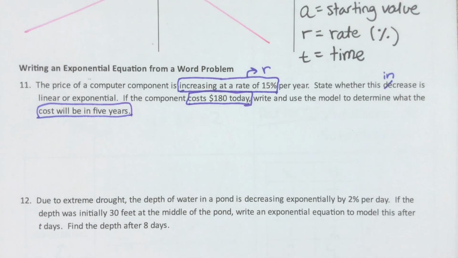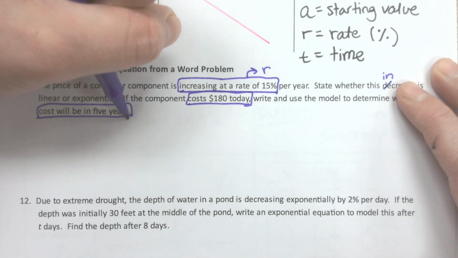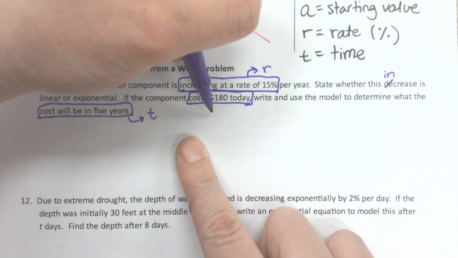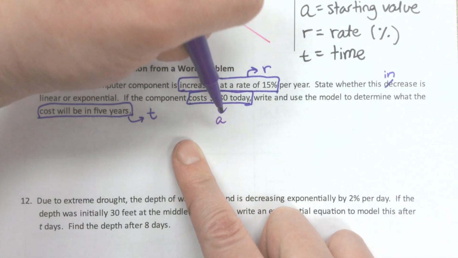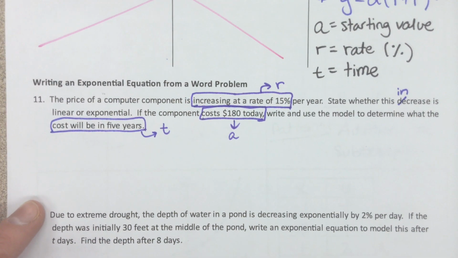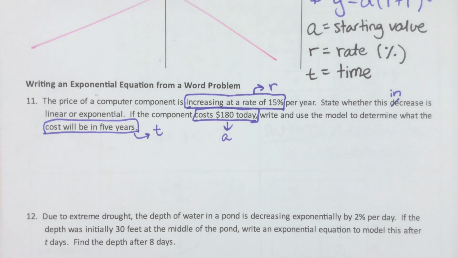They're giving me a time to look at, so this is my T value. Meaning that other information I boxed, the 180, that's my A value. So they're saying today it's 180, what will it be 5 years from now? That's how I know it's a starting value, A. So they want me to find the new value.